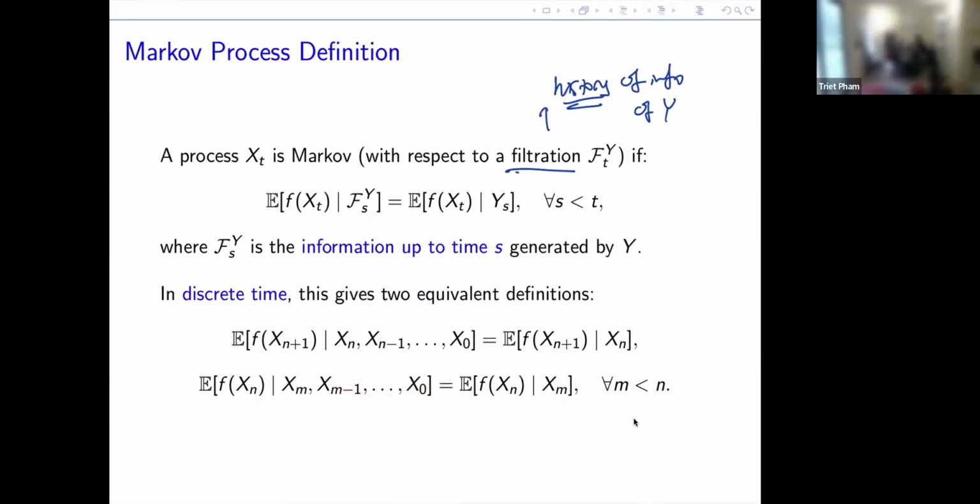And what really is deep, and it's not a graduate class, it's not a super theoretical class, so we won't go into this, but these two definitions actually are equivalent.